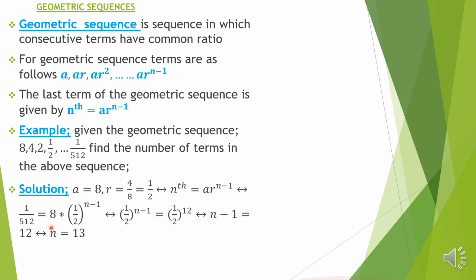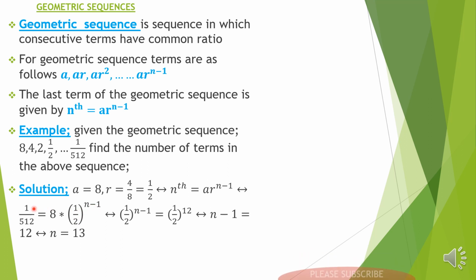If you substitute, the last term is 1 over 512, which equals 8, the first term, multiplied by r, which is a half, raised to n minus 1.